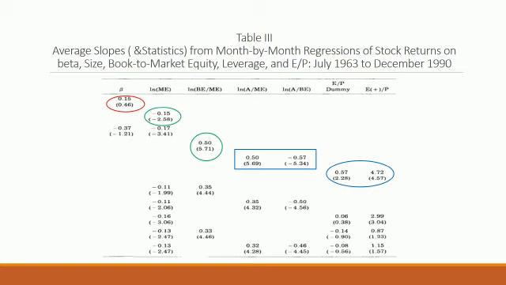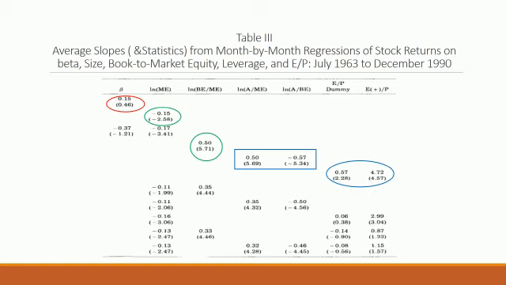The average slopes on ln ME are always close to or more than 2 standard errors from 0. It shows actually the size effect, which says that smaller stocks have higher average returns, is thus robust in the test results for the 1963 to 1990 returns on New York Stock Exchange, American and Nasdaq stocks.